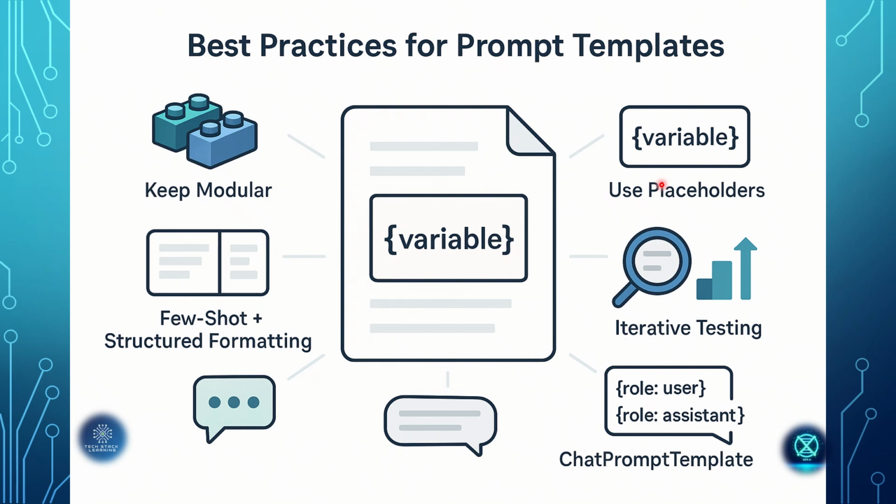Leverage few shot or structured formatting for accuracy. Then test prompts iteratively, right? Small changes can improve the result drastically. And use the chat prompt template wherever you want a conversational experience.